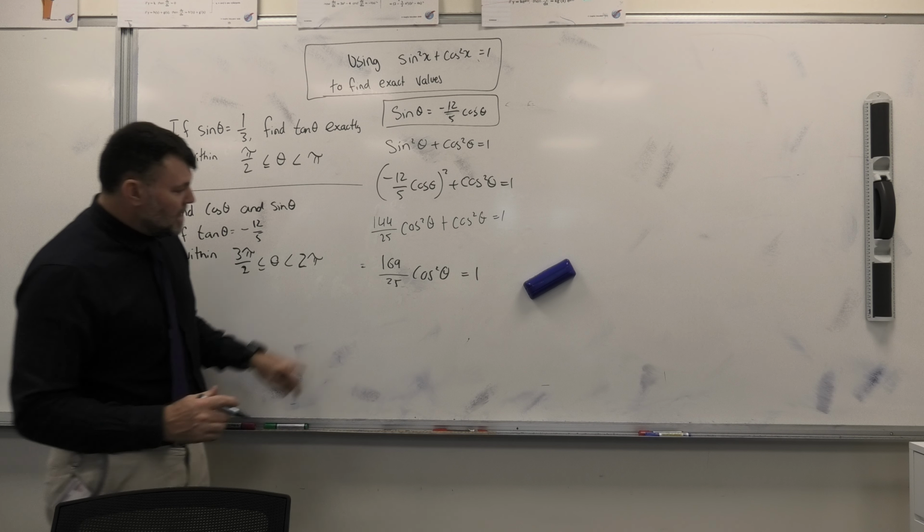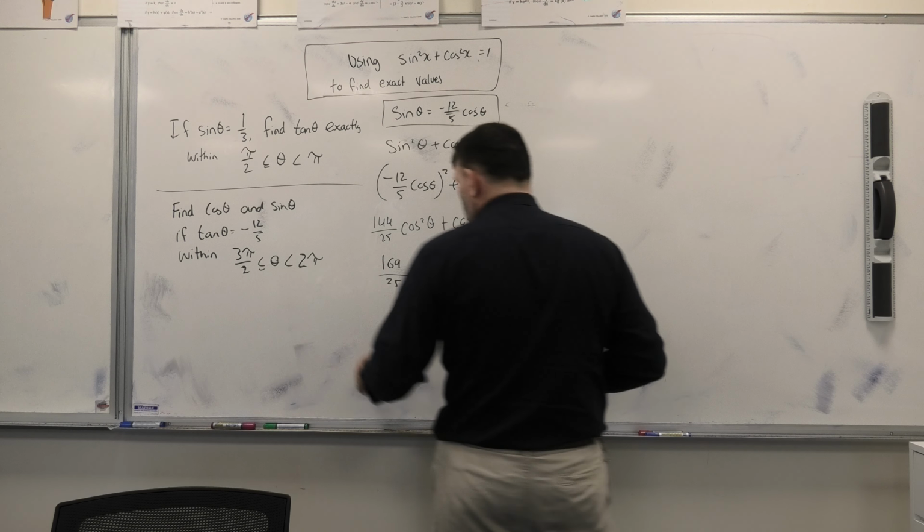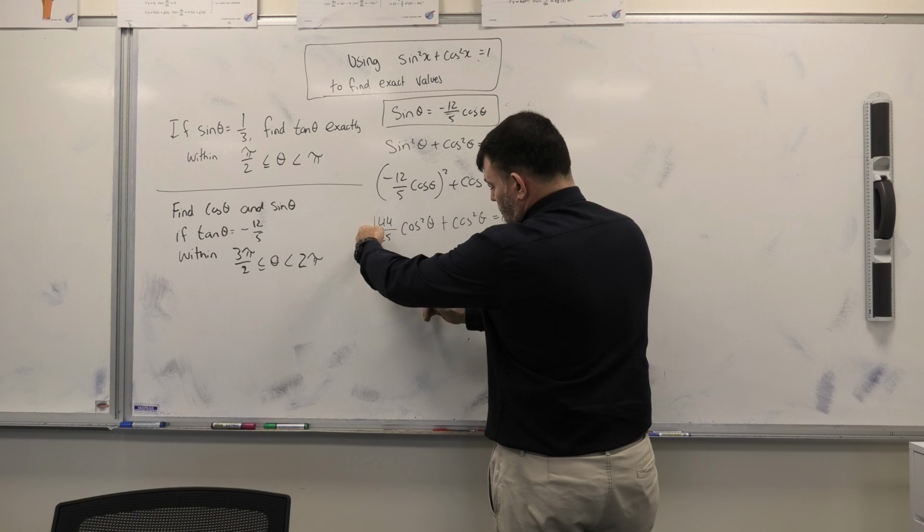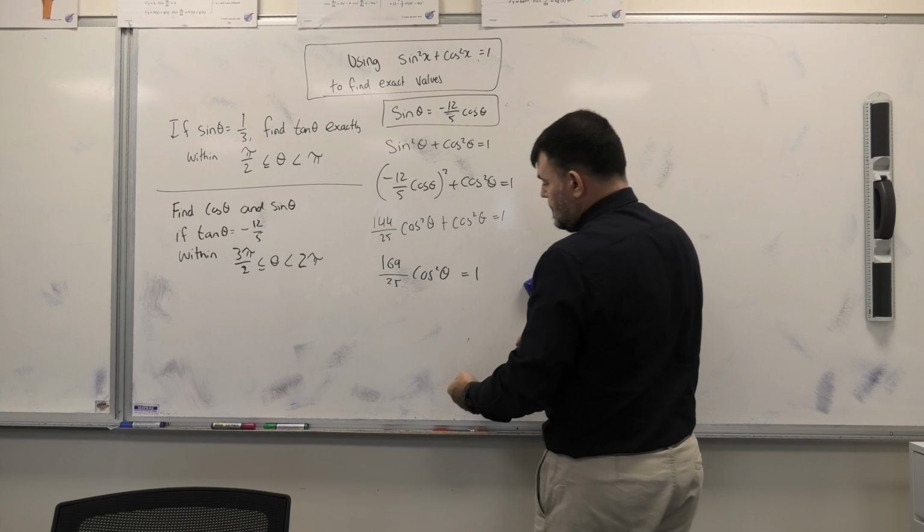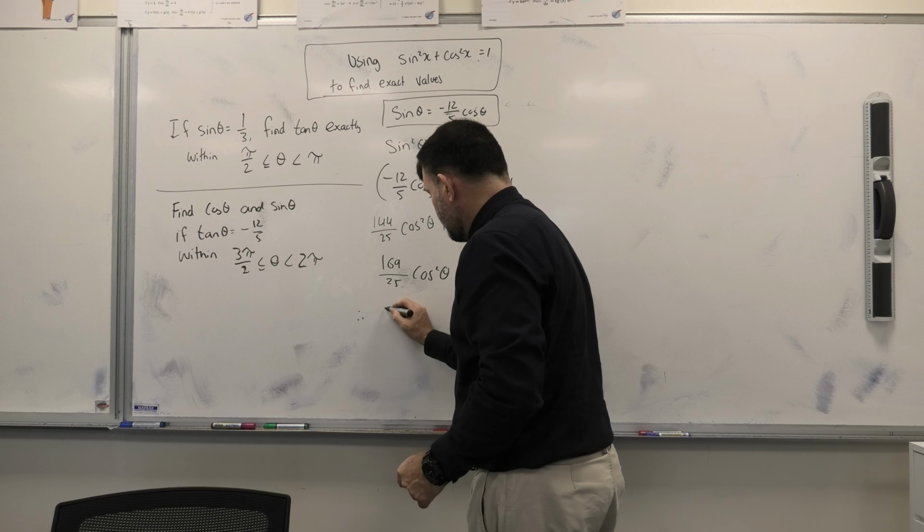Well, I now know I can divide both sides by 169 over 25, and we learnt in that previous one, if I'm dividing, I'm going to just flip these. So therefore, cos squared theta is now equal to 25 over 169.